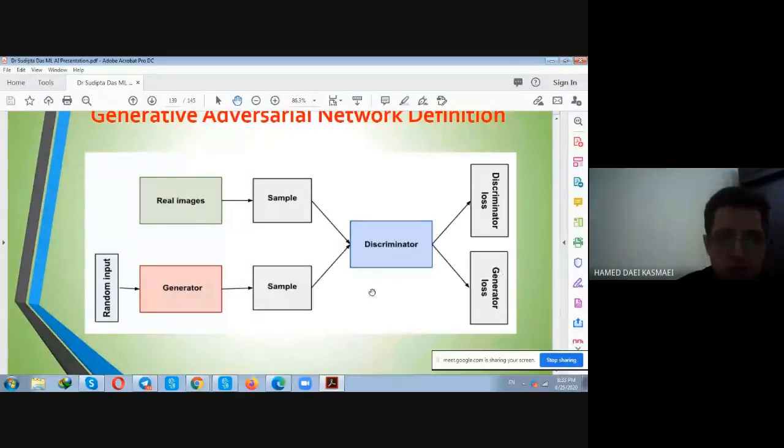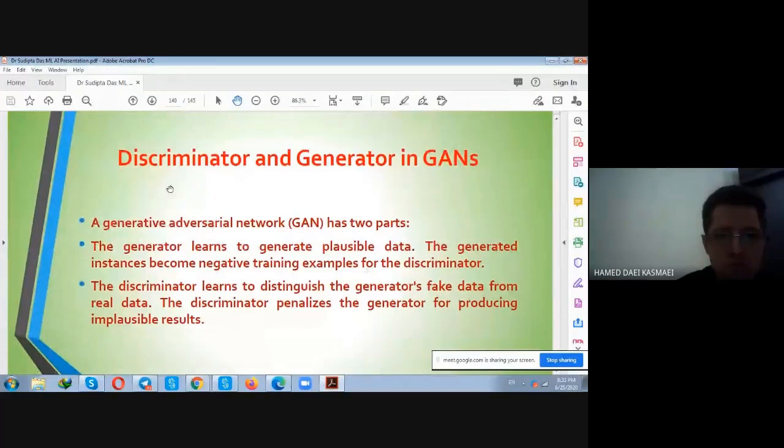And what are the differences between them? The discriminator and generator in GANs. A generative adversarial network, GAN, has two parts. The generator learns to generate plausible data. The generated instances become negative training examples for the discriminator. The discriminator learns to distinguish the generator's fake data from the real data.